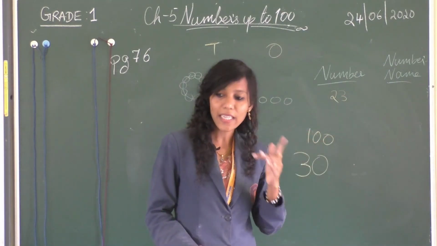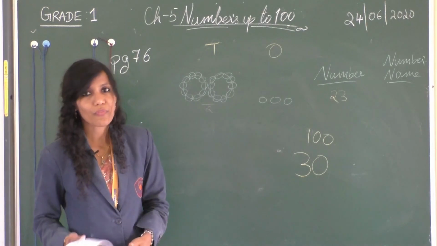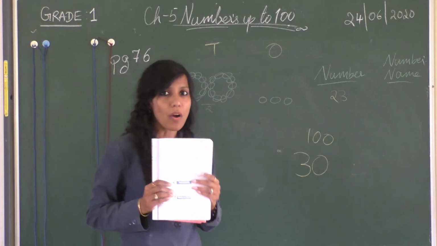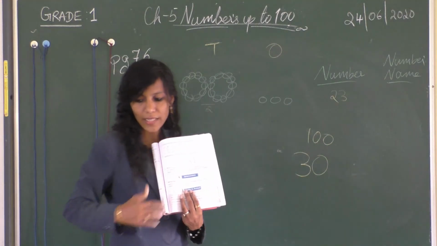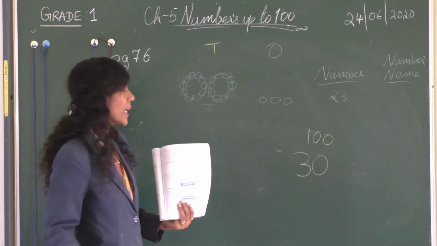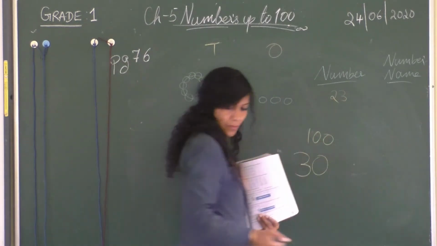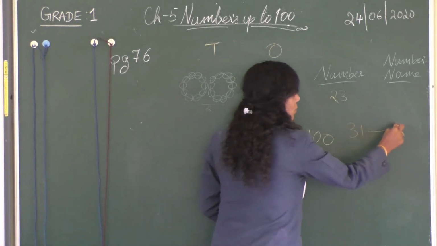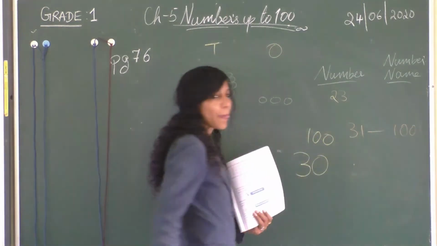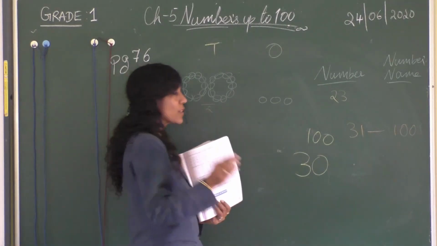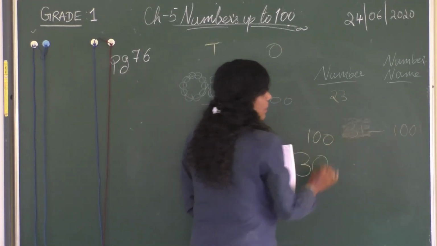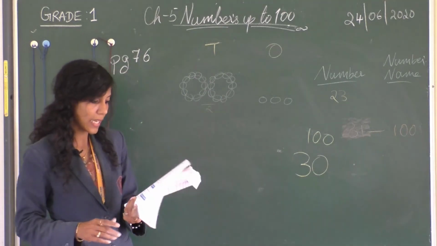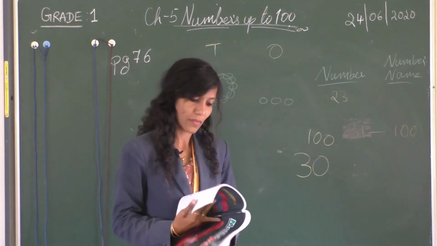After 30, any number you find in this box, you have to color it with pink. So it can be 31 to 100, any number you find in this box. Totally color it with pink.